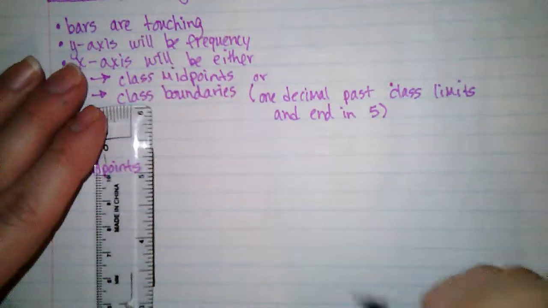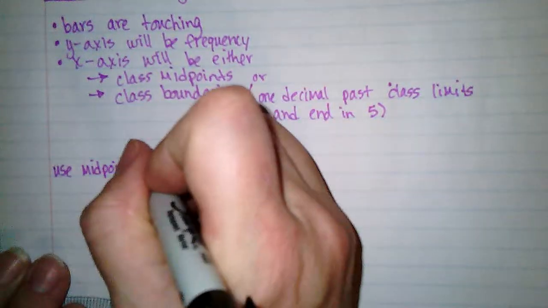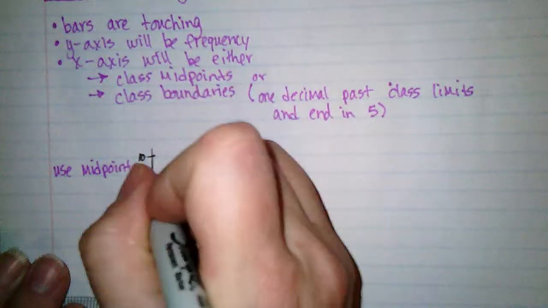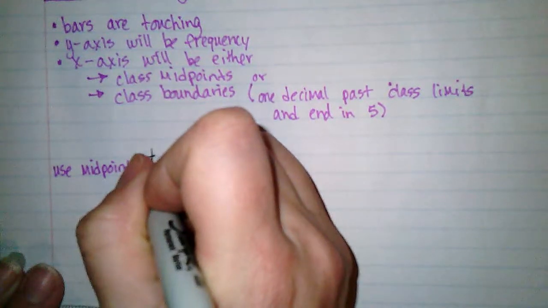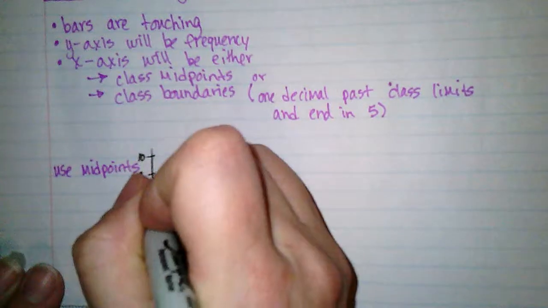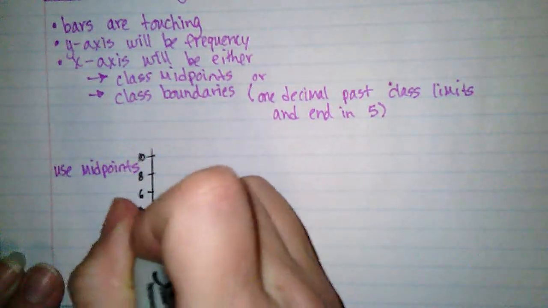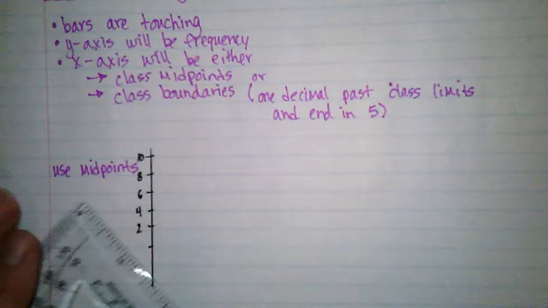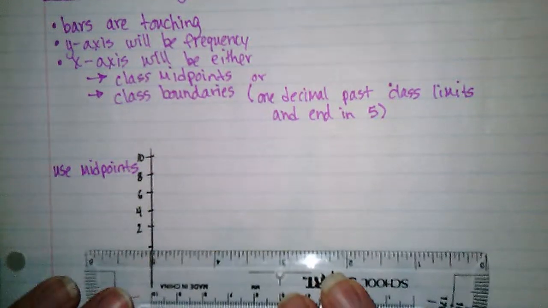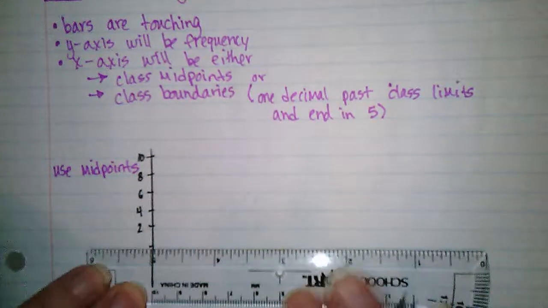And the highest frequency I had was 9. So I'm going to make my top frequency 10. And I think I'll just go by 2s. So that will be 8, 6, 4, 2, and I have given myself too much space. But I'd rather have too much space than not enough.